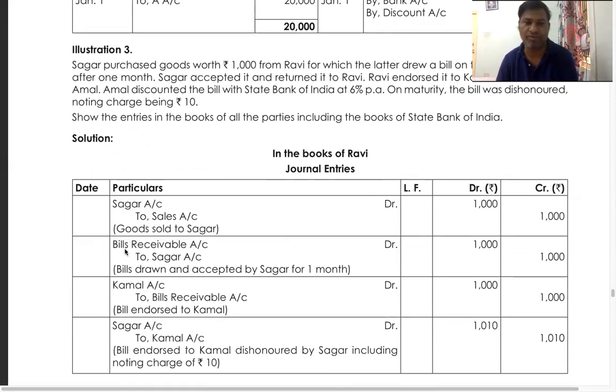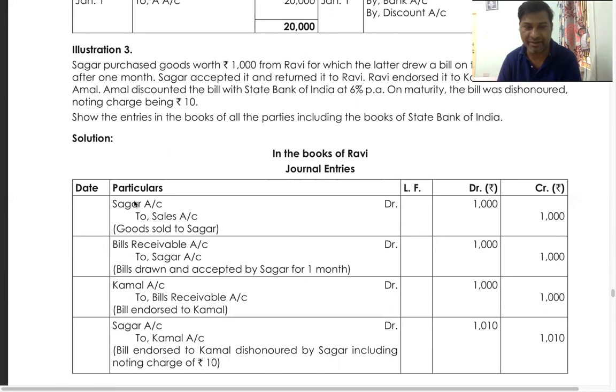It is the bill drawn by the supplier of the goods. For him, it is bill receivable. The sales have become bills receivable.